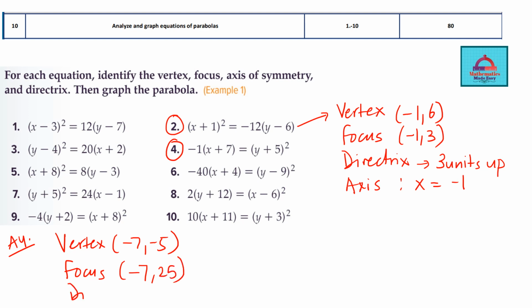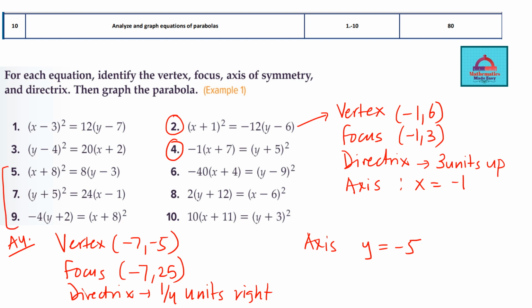The directrix will be 1/4 units right, and the axis of symmetry is going to be y equal to -5. In a similar way, I would urge you to solve questions 5 to 10 yourself using the formula sheet and the method explained in this video.